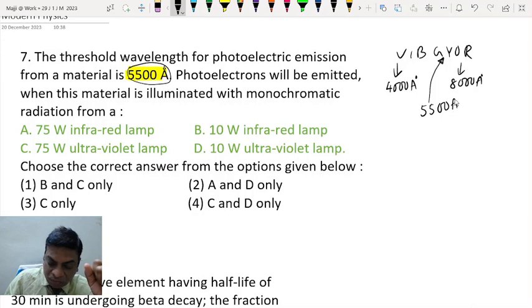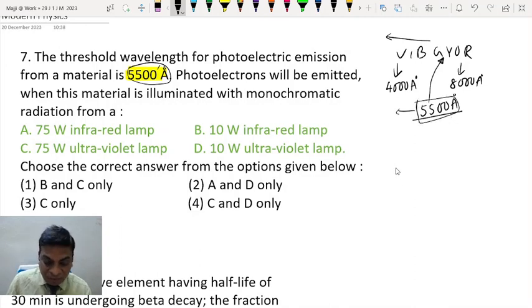So this is the threshold wavelength. So all the radiation with energy more than this energy will be able to show photoelectric effect. If energy is more, wavelength must be less. So all the wavelengths which are lesser than or equal to this will be able to show the photoelectric effect.